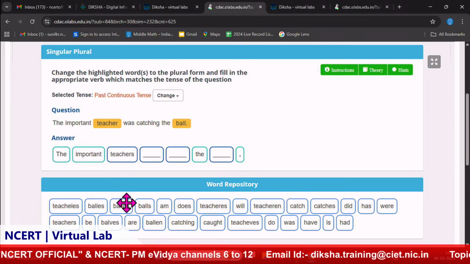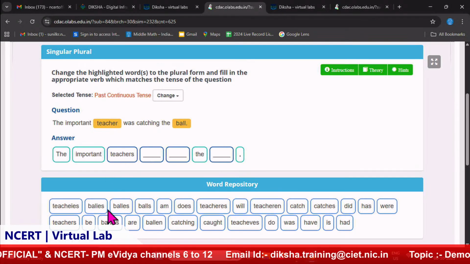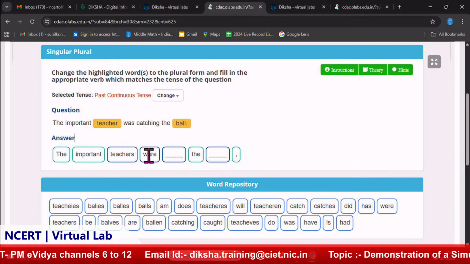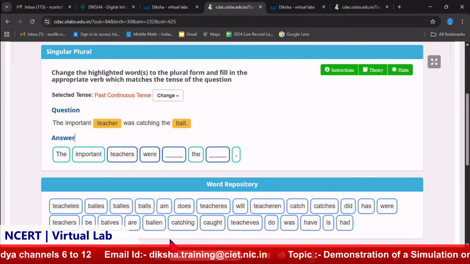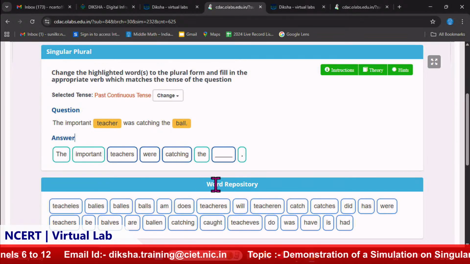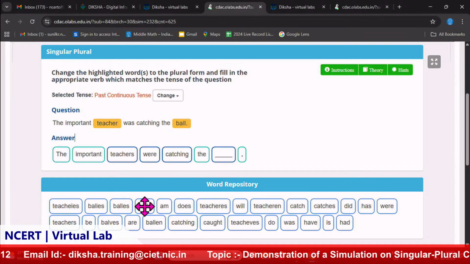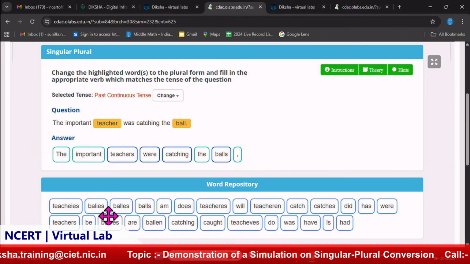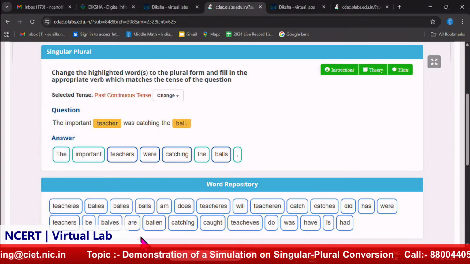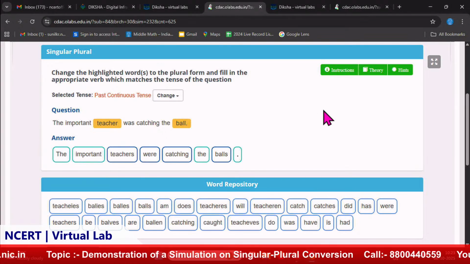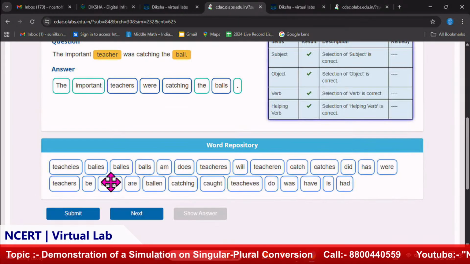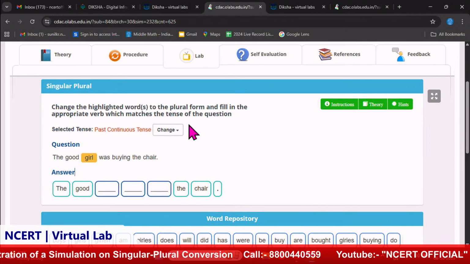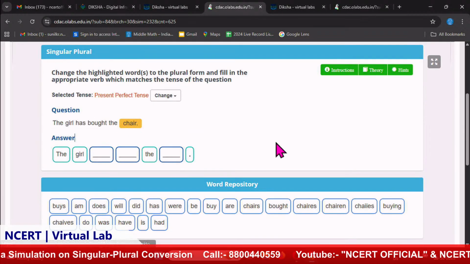So, teacher becomes teachers, and was becomes were, catching the balls. Ball has to become plural, so it will become B-A-L-L-S. There are various versions giving B-A-L-L-E-S and all kinds of things, but it's the one. Okay. Good. Correct.